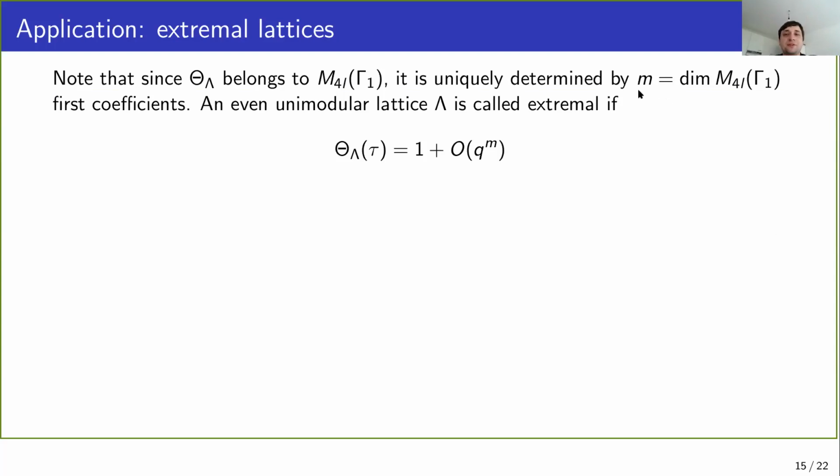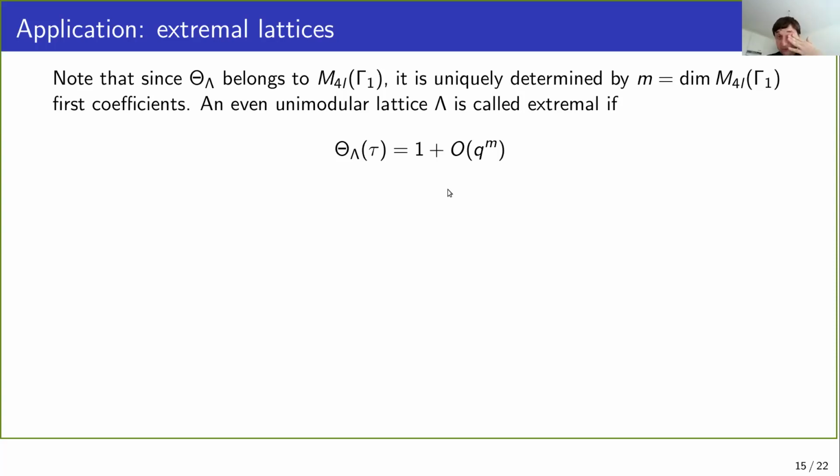This is very easy to prove using the delta function, but maybe I'll leave it as an exercise. So if the dimension of the space is m, then by this linear algebra argument, there is a unique modular form with a Fourier expansion that starts with 1 and all the coefficients between 0 and m are 0.